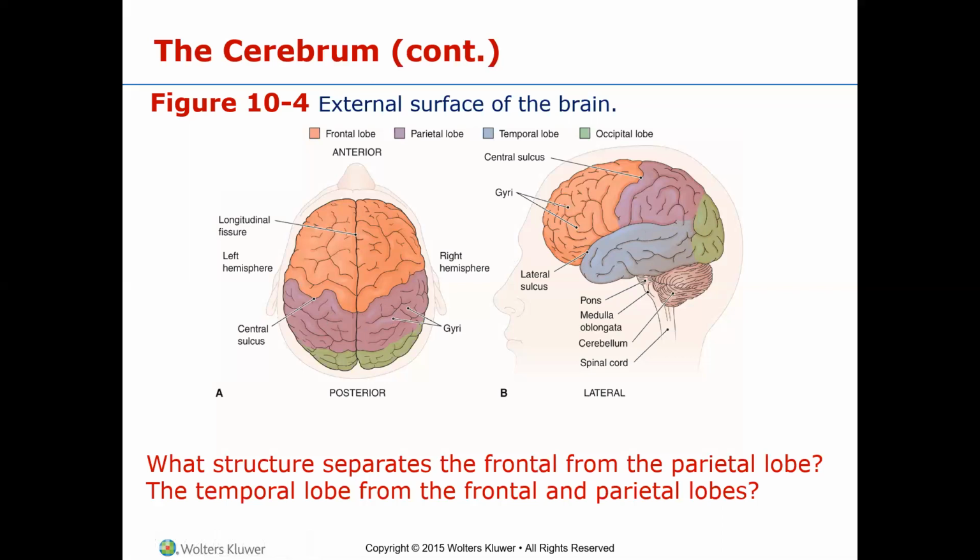Below the cerebrum, we have the cerebellum, and then connecting with the spinal cord, we have the brain stem, which is divided into the pons, the medulla oblongata here, and then the midbrain is up within the cerebral hemispheres, which we cannot see here.